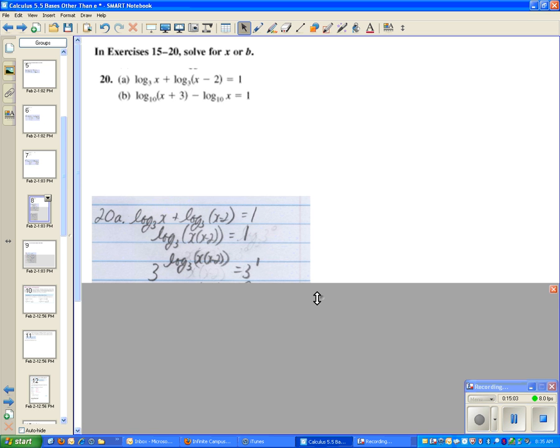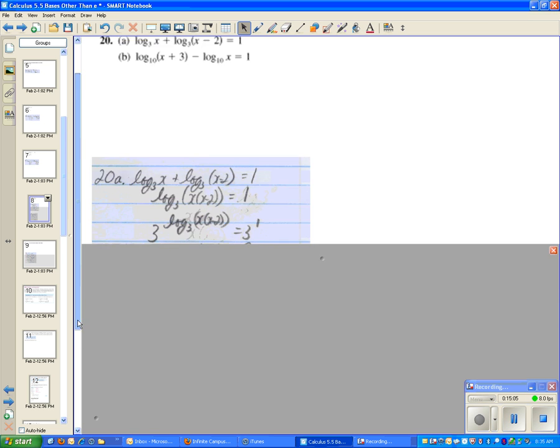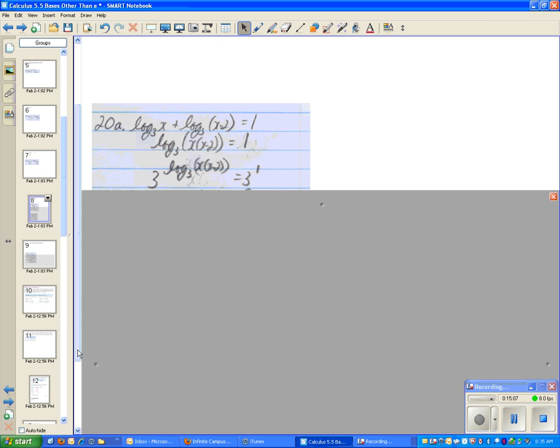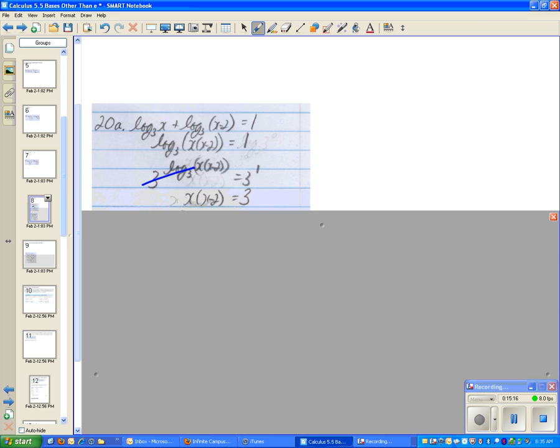That is cool. So, on the left side, what do the base and the logarithm do to each other? So we get x times the quantity x minus 2 equals 3.